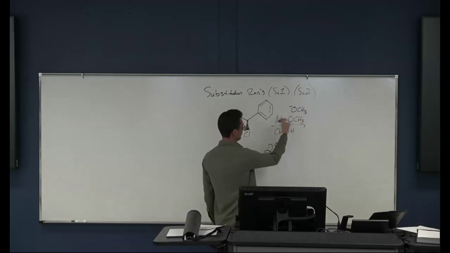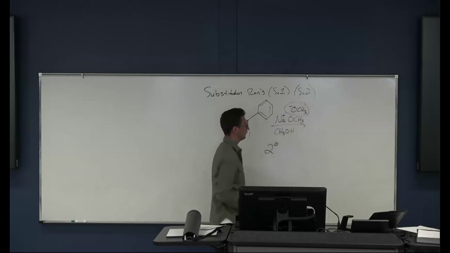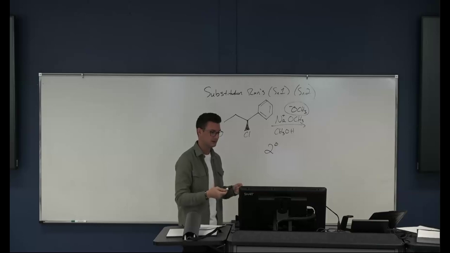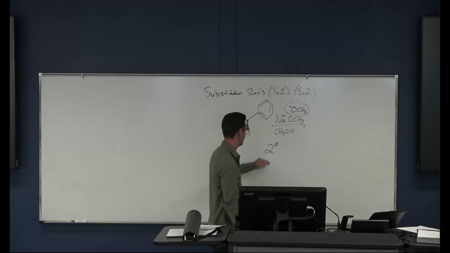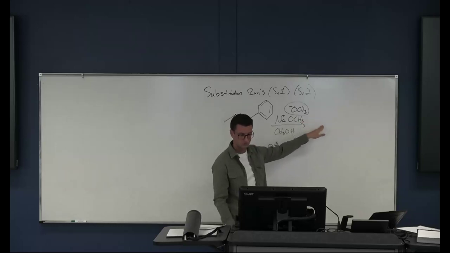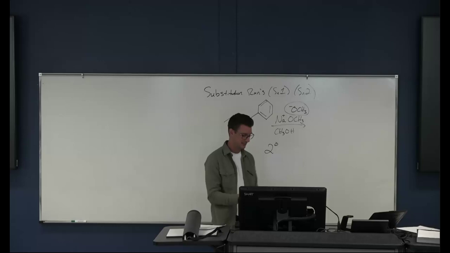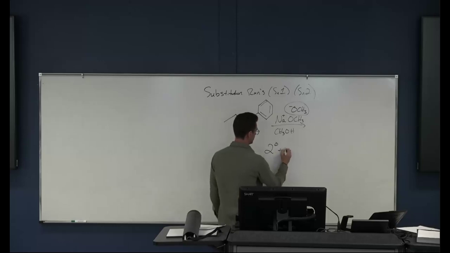This is going to dissociate, and this is going to be your nucleophile. With that in mind, we can see that it's going to behave as a strong nucleophile. So secondary, strong, what are we going to get? An Sn2 reaction.